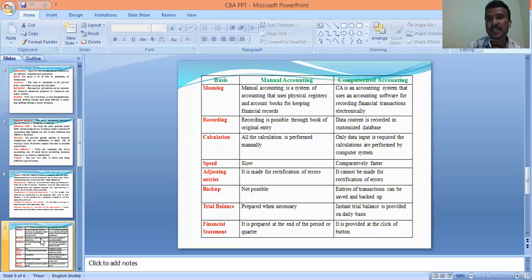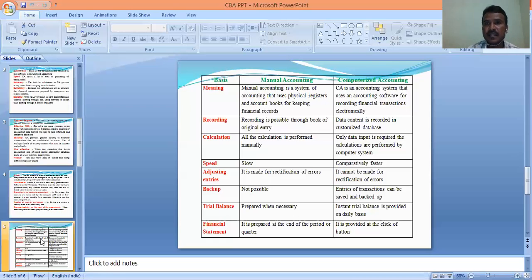But in some companies, quarterly or mid-year also. In computerized accounting, it is provided at the click of a button whenever we need. Whatever statements we need, we can prepare and use.